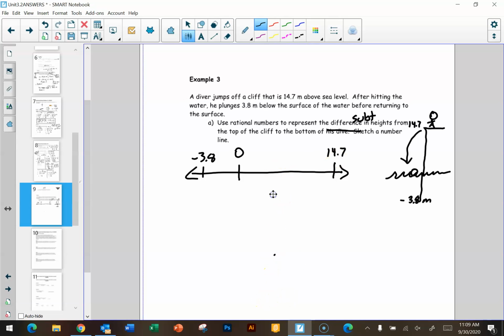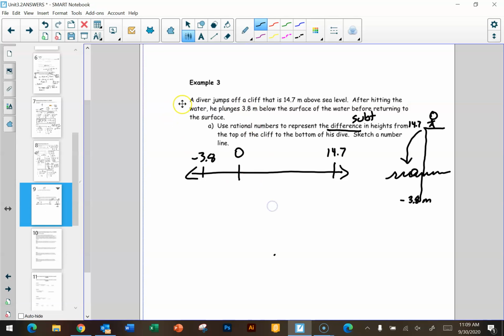Does it actually ask us a question? I moved it a little bit. There we go. Diver jumps off the cliff. Use rational numbers to represent the difference in heights from the top of the cliff to the bottom of his dive. Sketch a number line. Well, I kind of did that already.